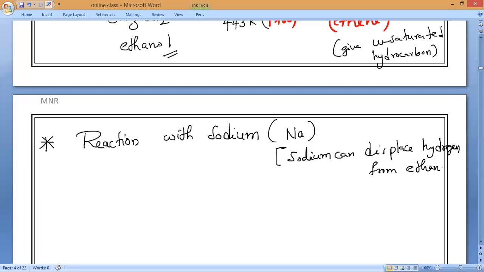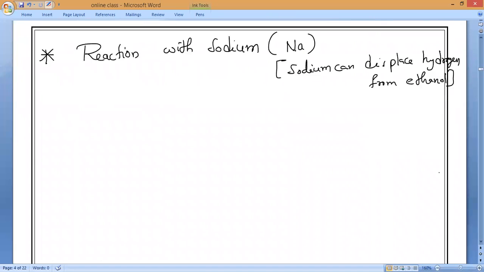Very, very important reaction; many times they ask this one. So please write it: C2H5OH reacting with sodium. It will form a well-known compound.